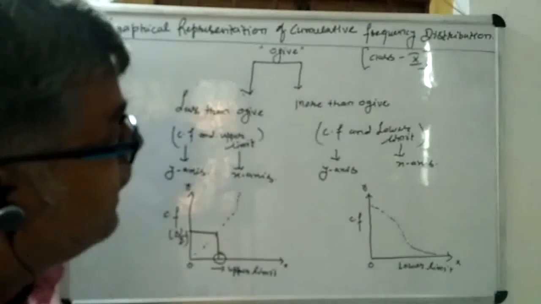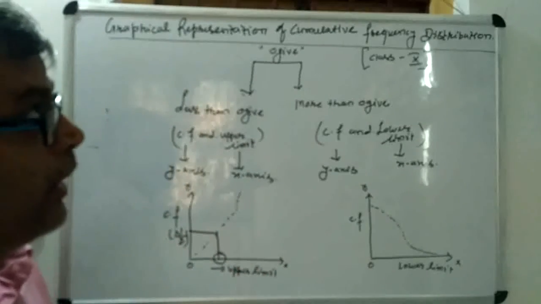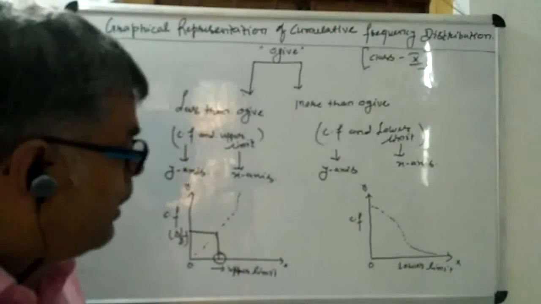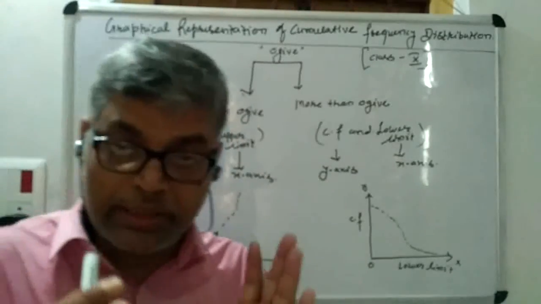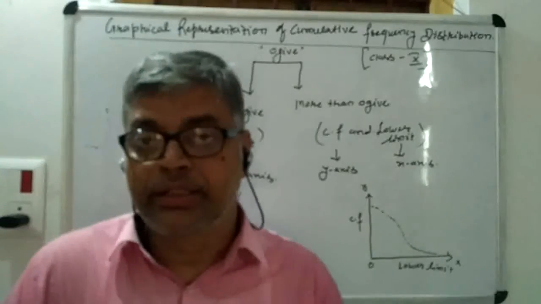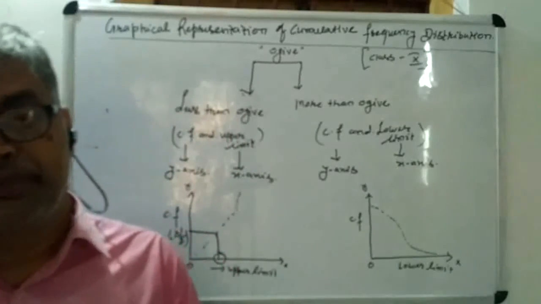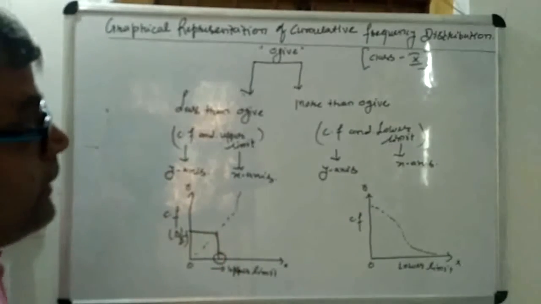So in this way, children, from this graph you will get the median also. These are the basic things you must keep in mind while drawing or representing an ogive. That's all I have discussed here.